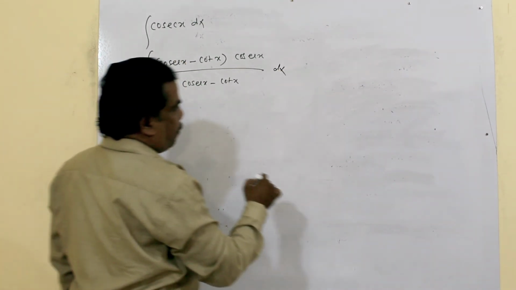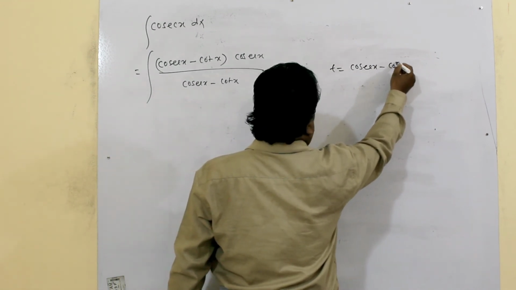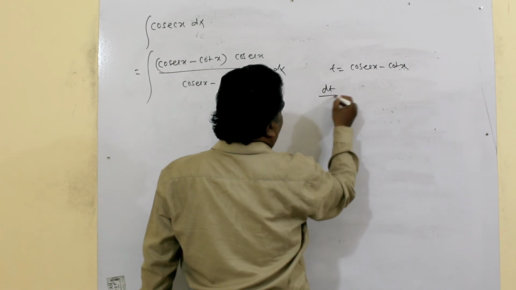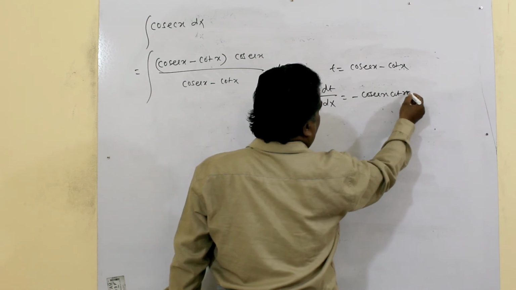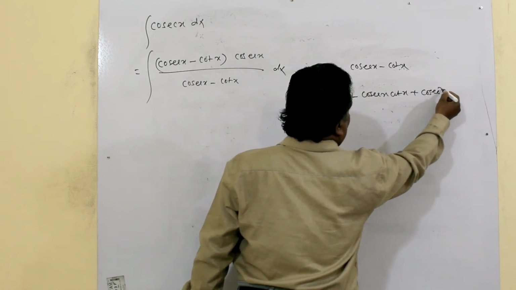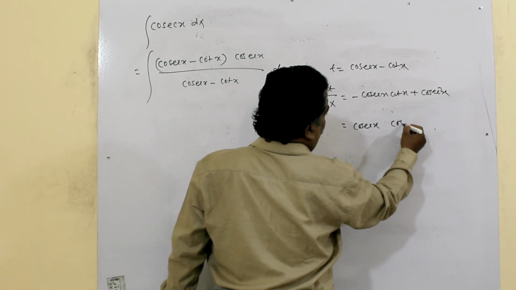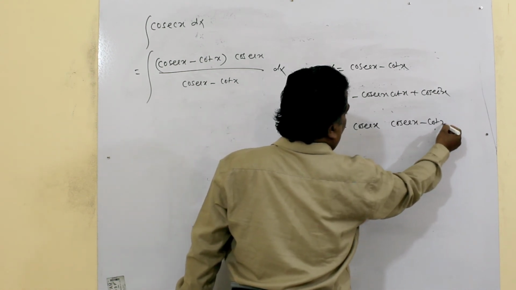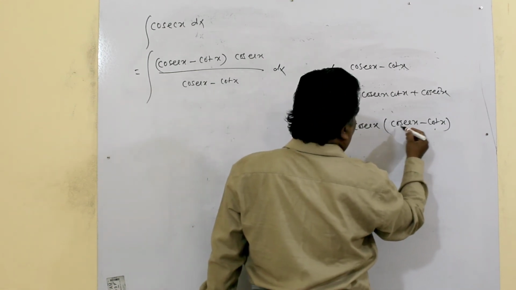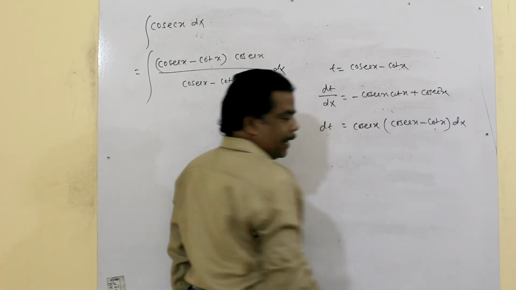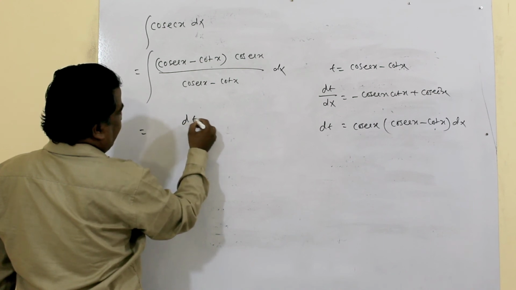Now, if we put t = cosec x − cot x, then dt/dx = −cosec x cot x + cosec² x, which is cosec x (cosec x − cot x). So dt = cosec x (cosec x − cot x) dx. Now we replace the numerator by dt and the denominator by t.